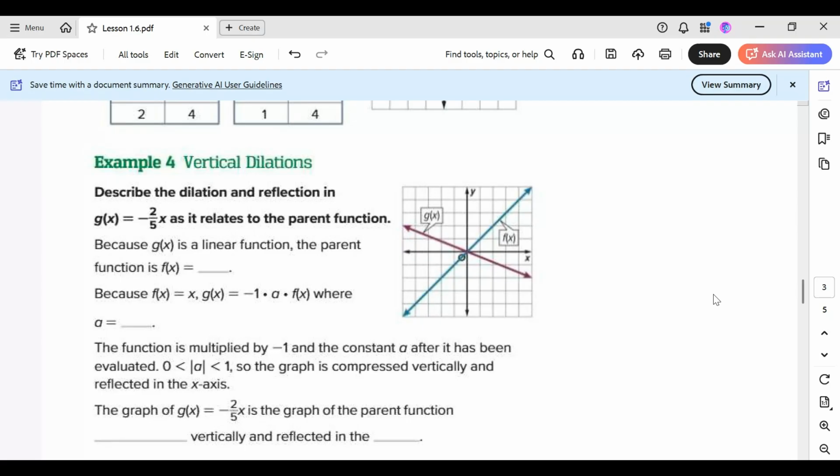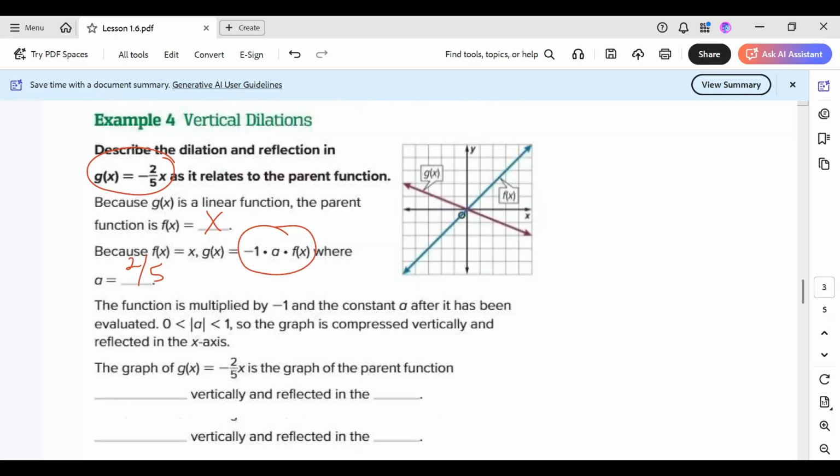Because g of x is a linear function and the parent function is always going to be f of x equal to x, they want us to say that f of x is equal to x and g of x is equal to negative 1 times the a value times f of x, where in this instance our a value is now going to be 2/5, because we're taking our original given piece, g of x, and they tell us the a value is negative 2/5, and it's negative 1 times the a of the original.